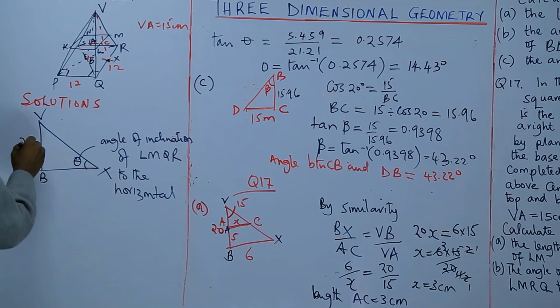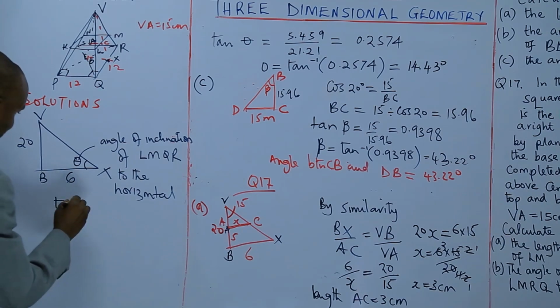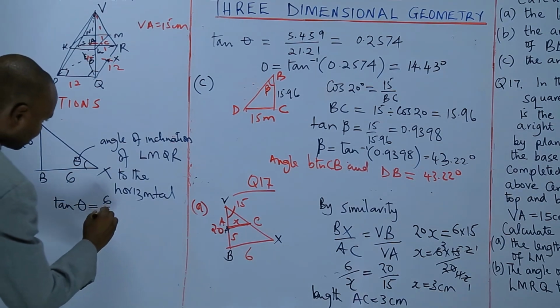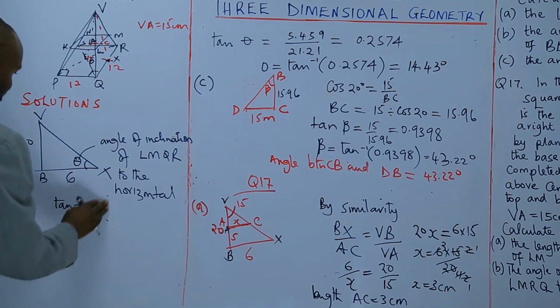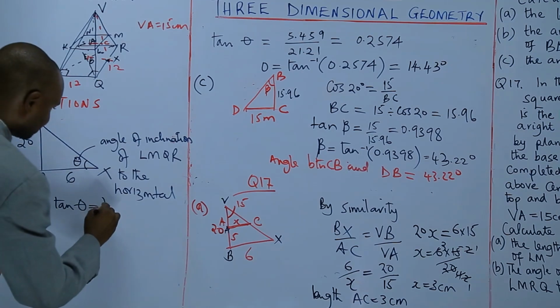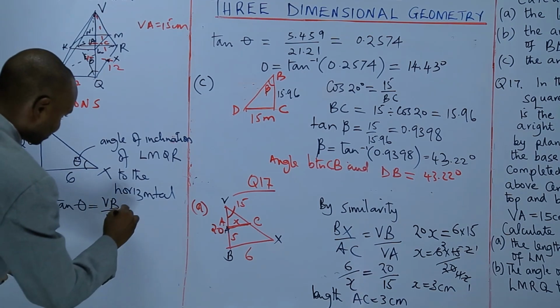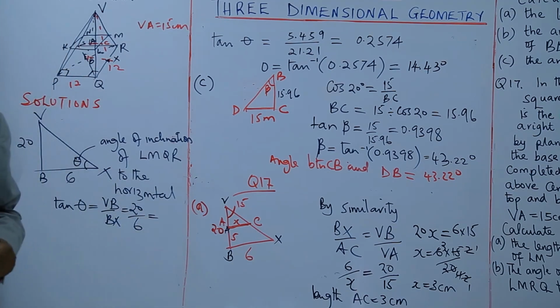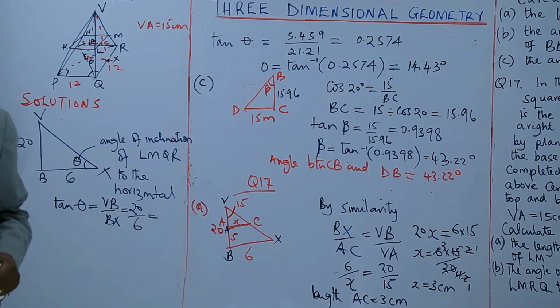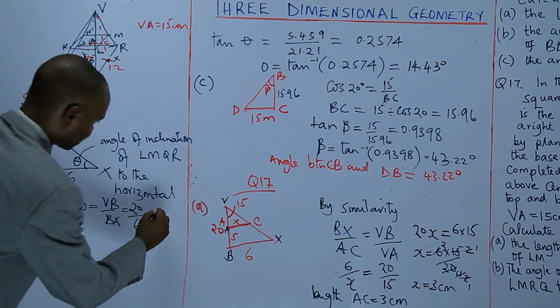But I know here it is 20, and I know here it is 6. So I'll say tan theta is equal to, not 6 divided by 20, but opposite VB over BX, which is 20 divided by 6, which gives me 3.3333.